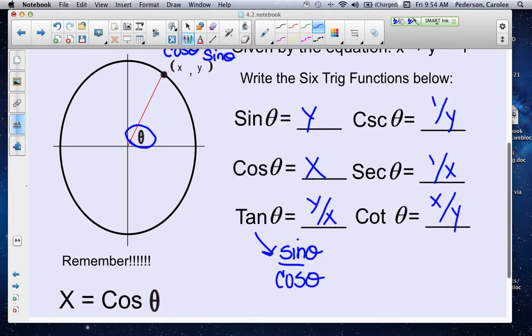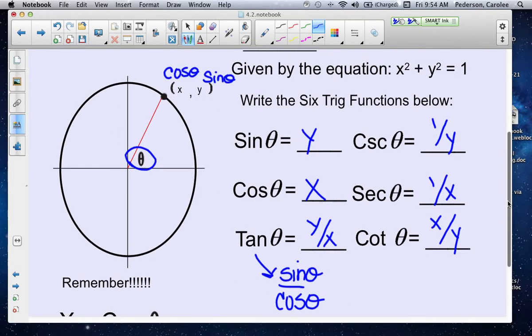The big thing for you to remember is those 2 points are your cosine and your sine. And the way I remember it as a student is this. If I look back at this point, C comes before S in the alphabet, is the way I remembered it in high school.